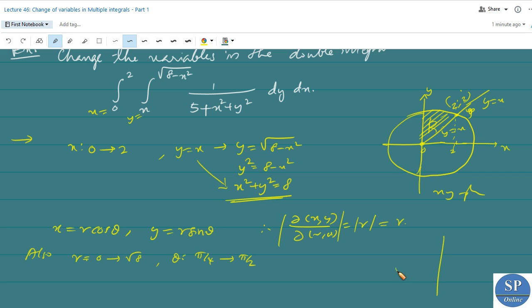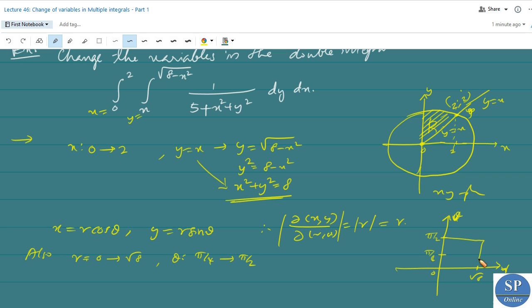Now the corresponding region in the r theta plane is this. If this is r and this is theta, r varies from 0 to root 8, and theta varies from pi by 4 to pi by 2.